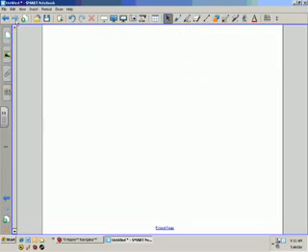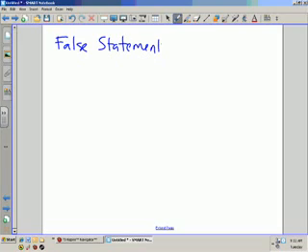So let's sum this up a little bit. First off, the only time that a statement is false is when we have a true hypothesis, but a false conclusion.